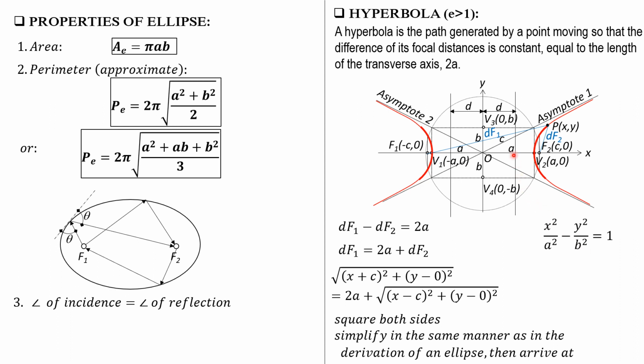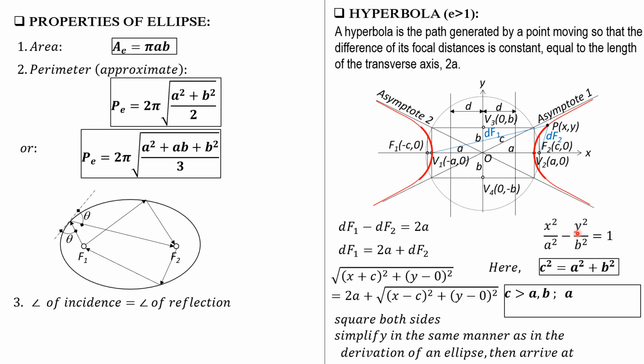And this time, if you look at the figure, c is longer than a and b. So that's why the relationship is now c squared equals a squared plus b squared. Remember that in ellipse, it was a squared equals b squared plus c squared. But for hyperbola, c is the longest, so c squared equals a squared plus b squared.